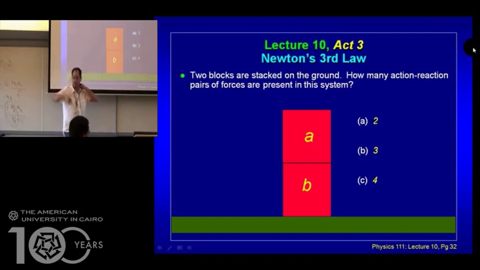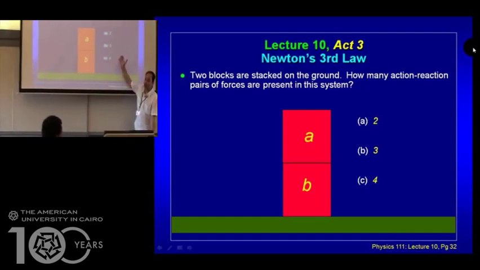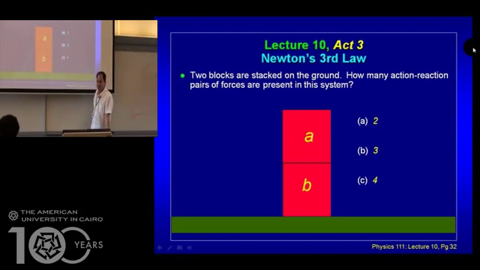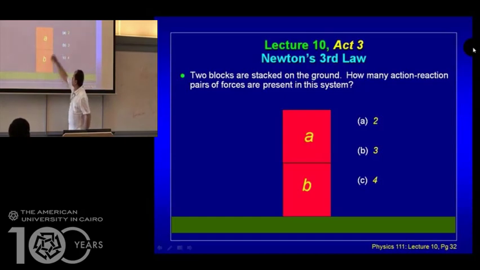Can you actually identify how many pairs of forces we have? 3. Why 3? From A pushing on B, and B is pushing back on A. That's one pair.